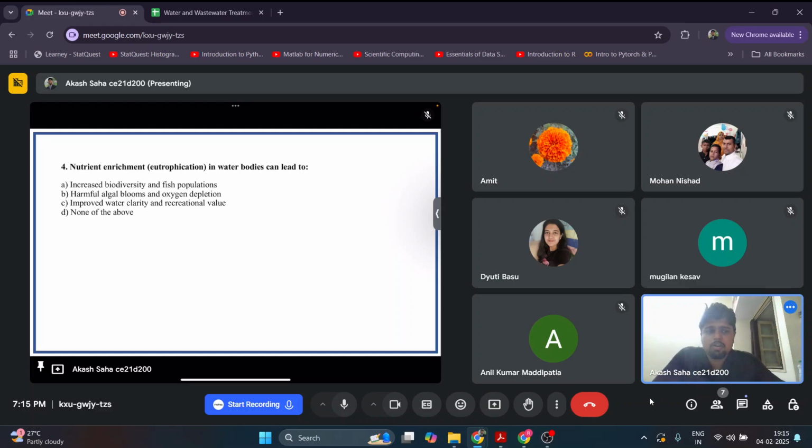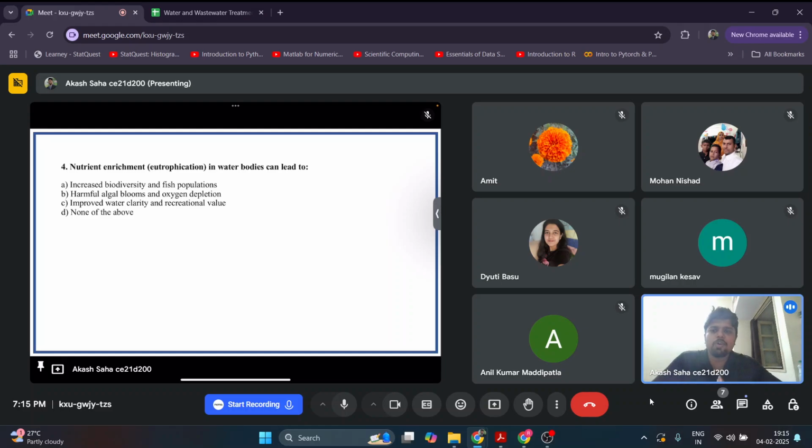Nutrient enrichment or eutrophication in water bodies can lead to: increased biodiversity and fish populations, harmful algal blooms and oxygen depletion, improved water clarity and recreational value, or none of the above. So what would happen in the case of eutrophication?